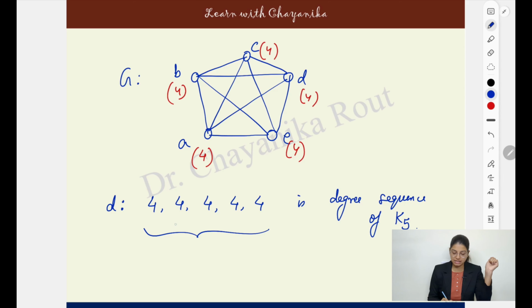Now see, when we are writing the degree sequence, what we are doing basically is writing the degree values of all the vertices in a graph. Now what will happen if I add all the terms of a degree sequence? For example, this is a degree sequence D. If I add up all these terms of a degree sequence, I am going to get an even quantity, and that even quantity is nothing but twice the number of edges in the graph, because this follows from the degree sum formula itself, that the sum of the degrees of all the vertices in a graph is twice the size of the graph.